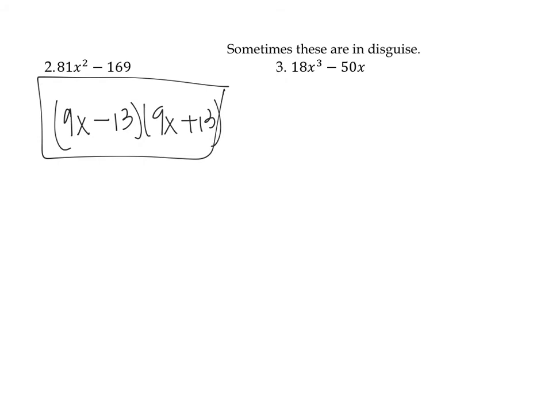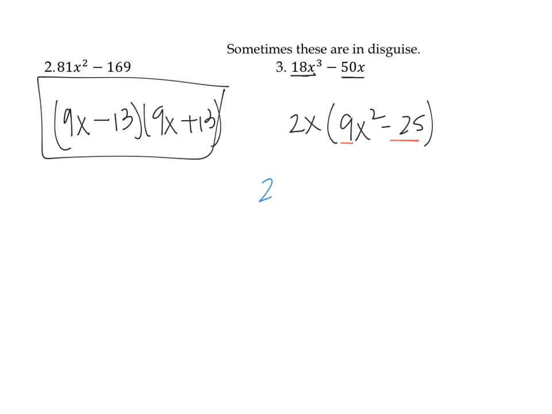Sometimes these squares are hidden, right? You need to factor something out first. So we need to ask ourselves, what can we factor from 18x cubed and negative 50x? Well, that's going to be a 2x first, and then we've got a 9x squared minus 25. Now you have two numbers on the inside that are perfect squares. Okay, so you can do your difference of squares.